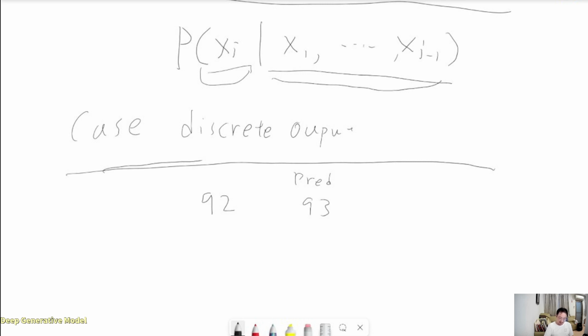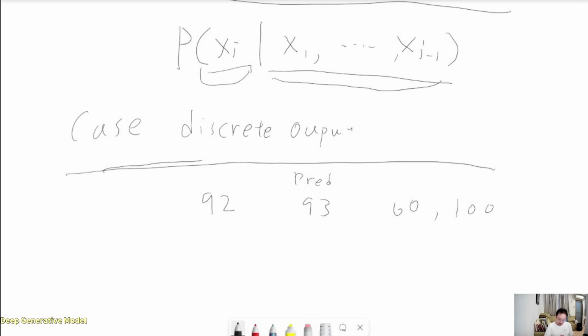If you are considering predicting the test score, then 93 might be kind of good because it is definitely much better than 60 if your prediction is 60, or if your prediction is 100. So 93 is definitely more accurate than the 60 and the 100.